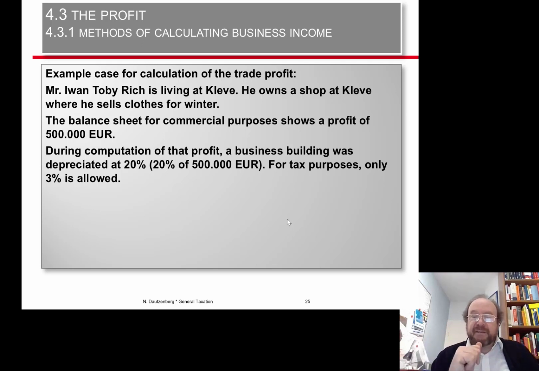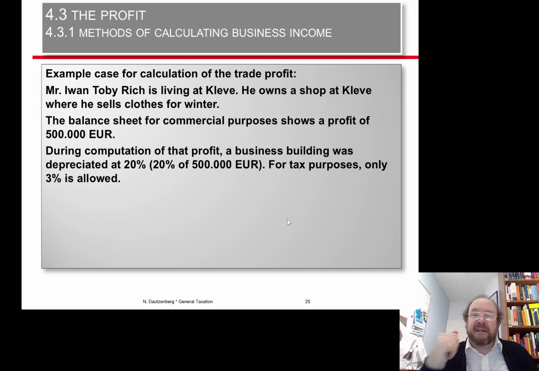There was an expense for depreciation of 100,000 entered into the commercial bookkeeping. Now, for tax purposes, only 15,000, 3% of 500,000 would have been allowed. So we have to eliminate the difference. 85,000 expense have to be eliminated. How do you eliminate minus 85,000?